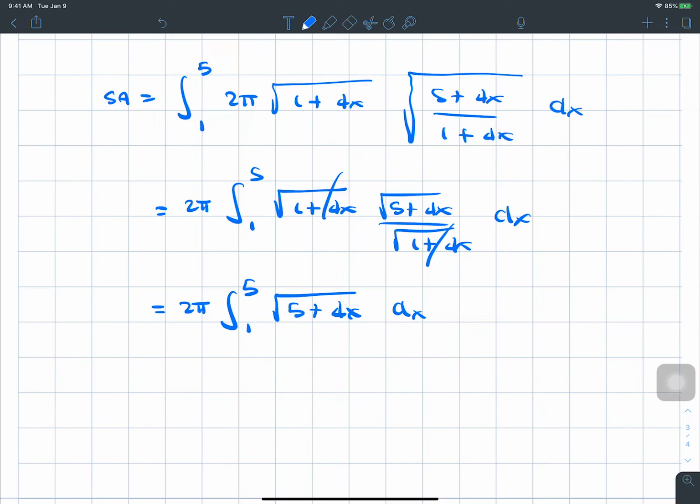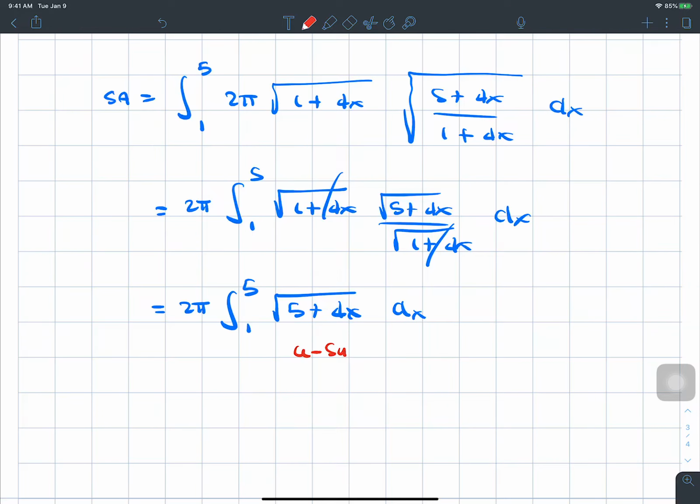So here's how we actually go about the surface area question. And now I'm going to say this is a nice u substitution integral, where u is 5 plus 4x. Okay, so if that's the case, then you guys know that what is du?